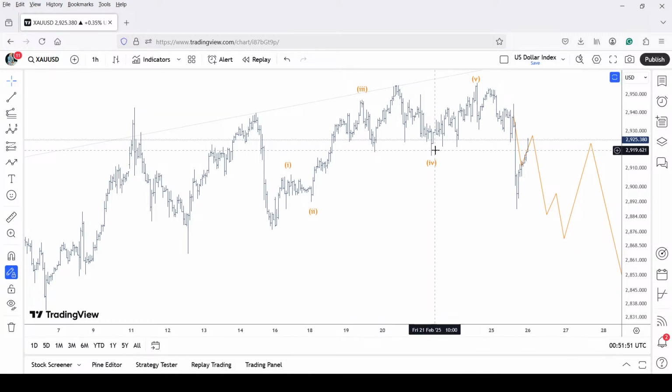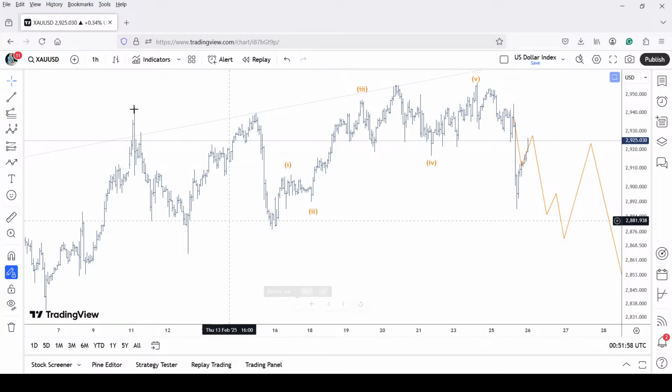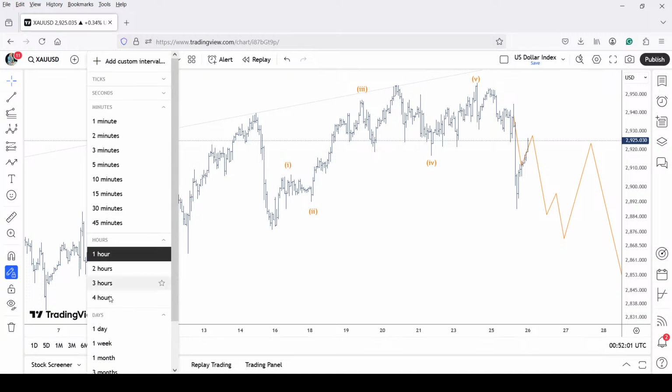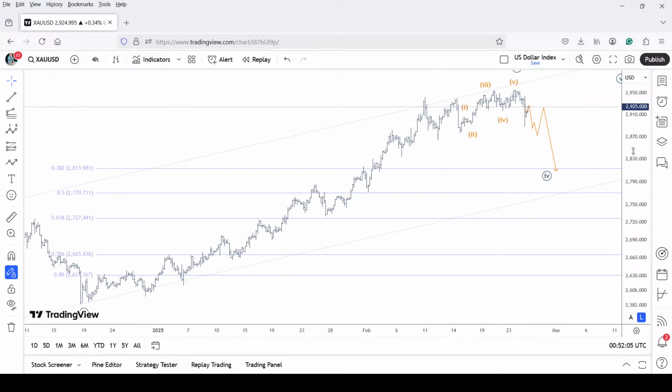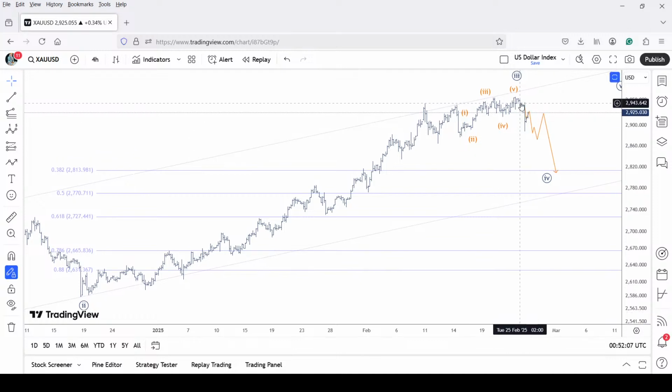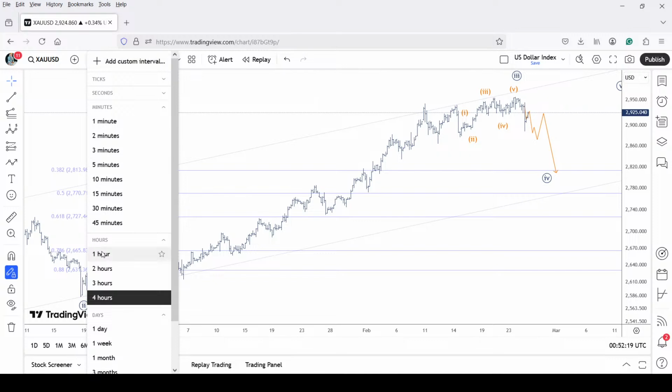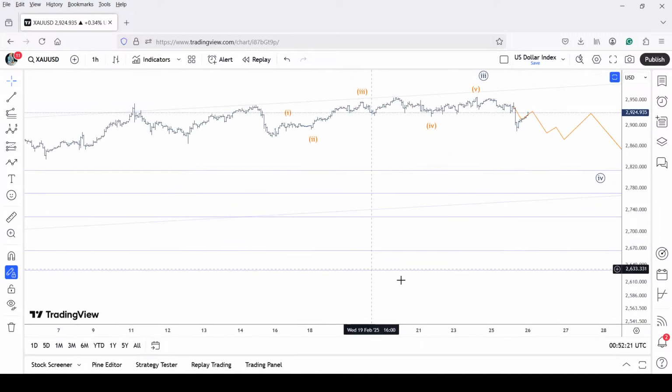Now, it is quite possible that gold has carved minute wave 3 as we have proposed on the 4-hour chart. Right there, it has carved minute wave 3, and there is an ABC. Possibly it's going to be another ABC, and if that's the case, then the extensions could bring prices lower towards the 2810 mark as well.